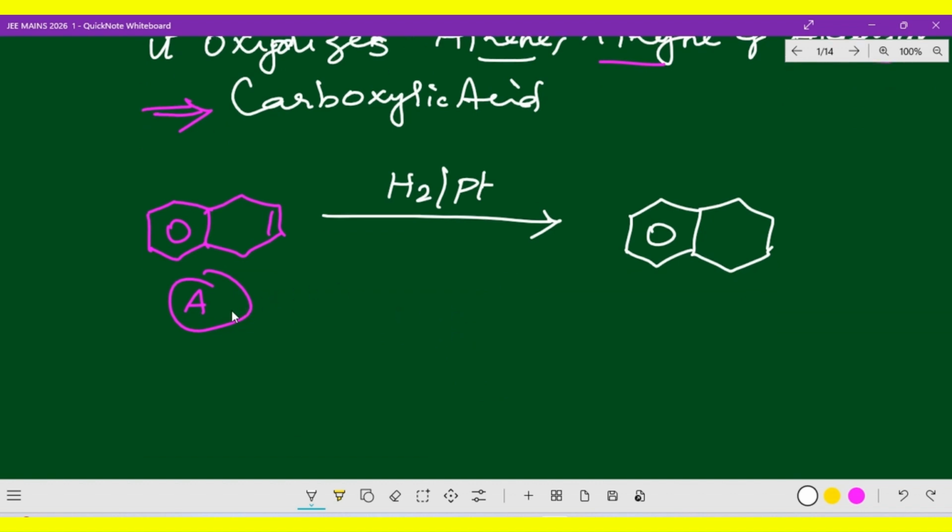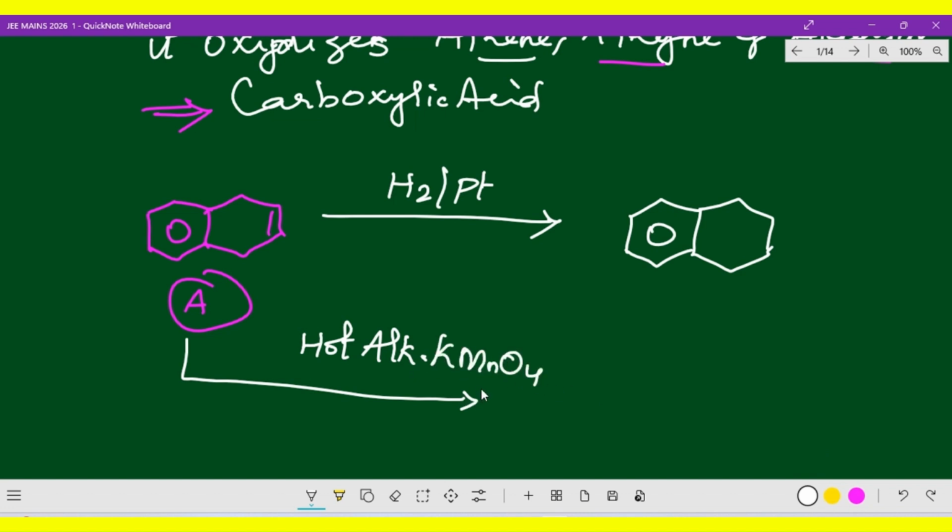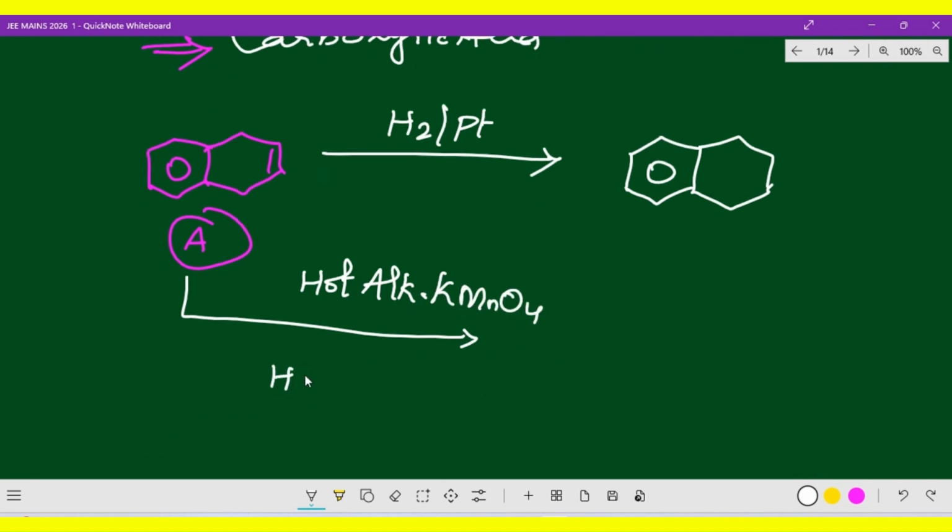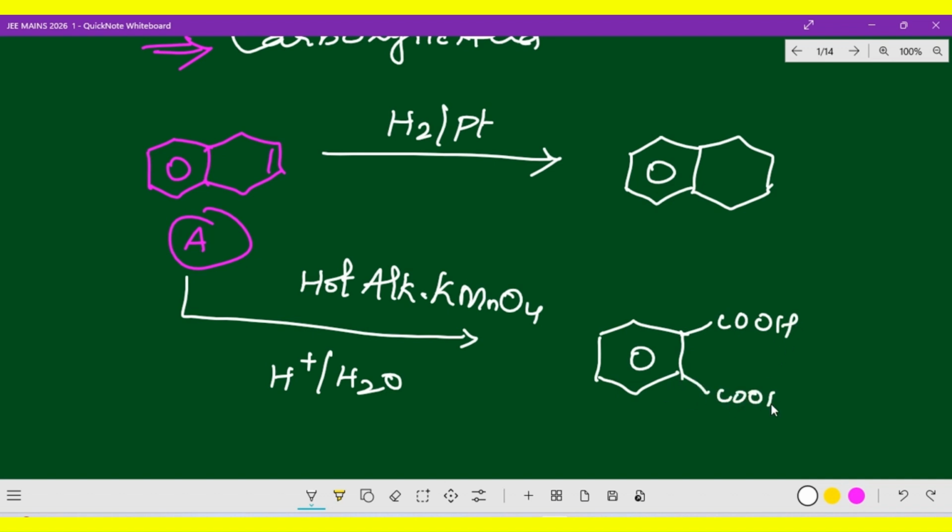And the second one: the same compound, when it reacts with hot alkaline KMnO4 and then H+/H2O, like acid hydrolysis, you get carboxylic acid, COOH, phthalic acid.